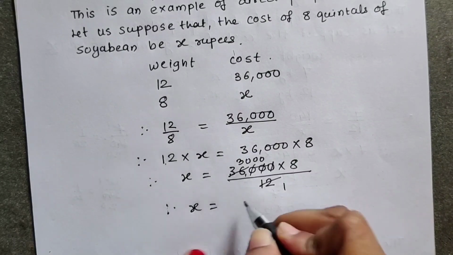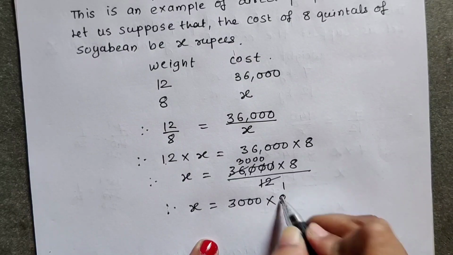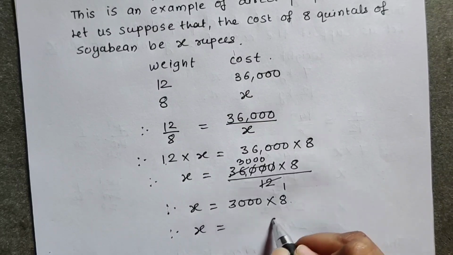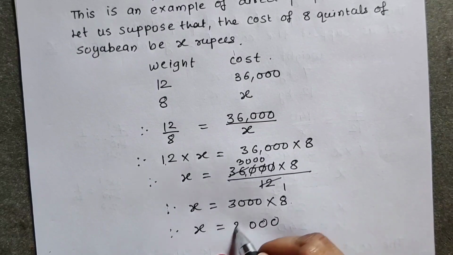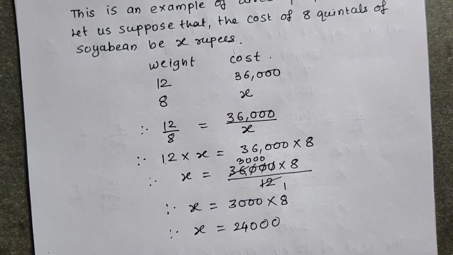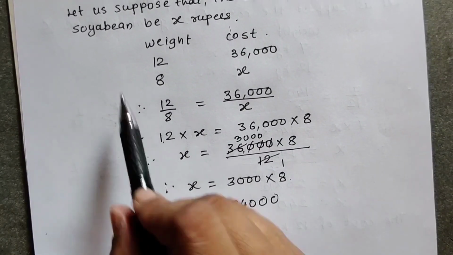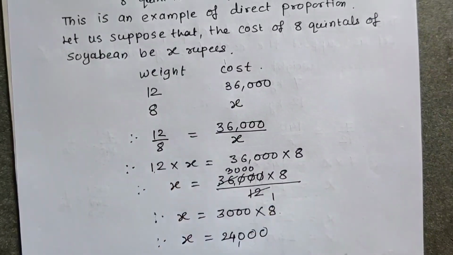X is equal to 3000 multiplied by 8. Now we have to do multiplication. 8 zeros are 0, 8 3s are 24. So x is equal to 24,000. That means we are getting the cost of 8 quintals of soybean, which we have taken as x rupees.